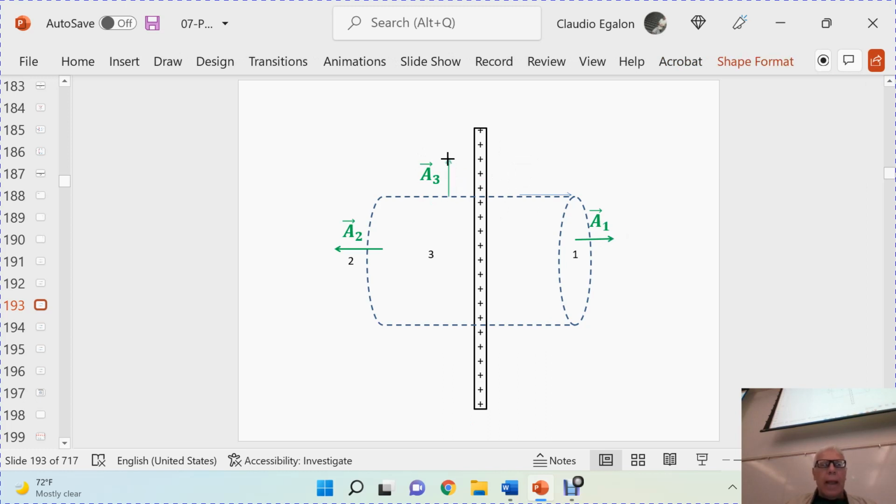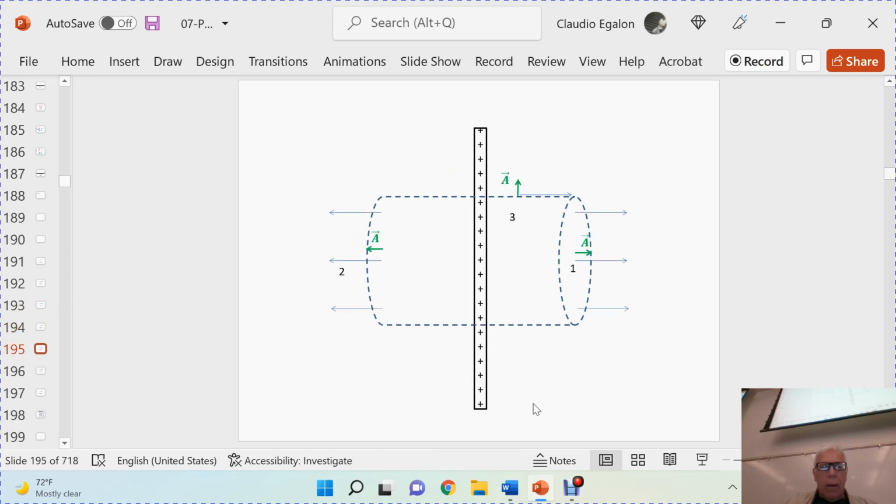What else do we have to know? Well, we have an idea that this electric field points to the right. Remember? We have an idea that the electric field is going to point in the horizontal direction.